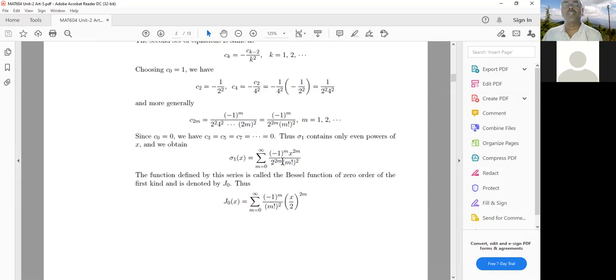And the function defined by this result is a series which we call the Bessel function of 0 order. So we denote this Bessel function of 0 order by this notation, summation from 0 to infinity.